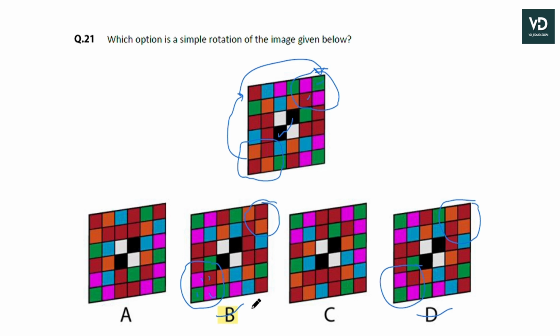So the next option will be, here we can see, if we have 2 pairs of orange and 1 pair of red, so there are 3 common red boxes.